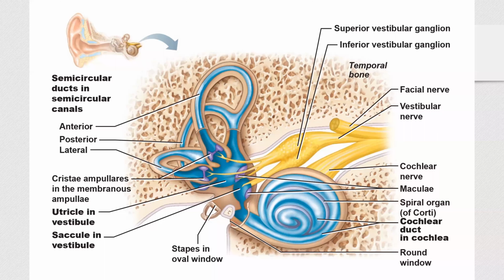If you look over here, the utricle continues with the semicircular canals. So that's a saccule, and you see the connection with the cochlear duct, and the utricle right there with the semicircular canals. Remember, that's a membranous part.